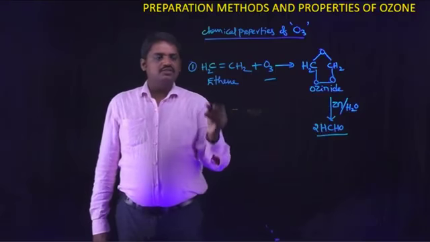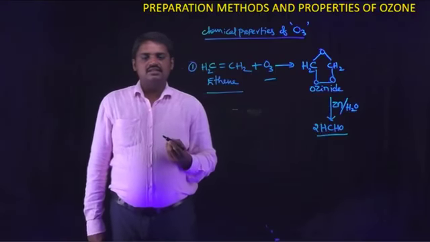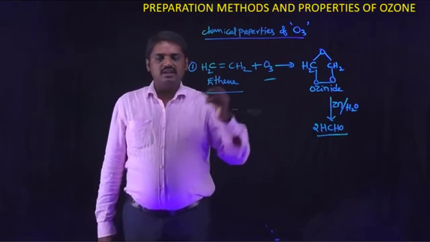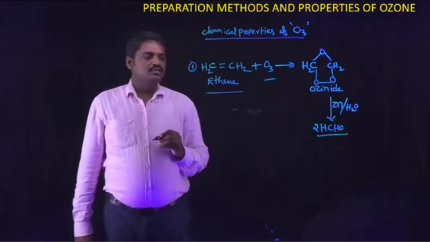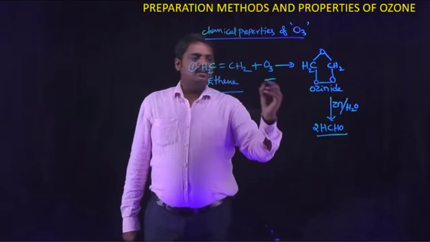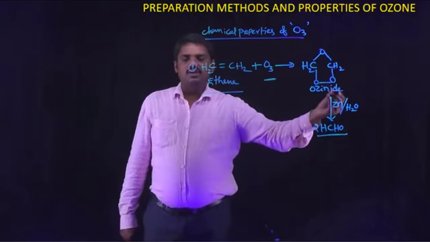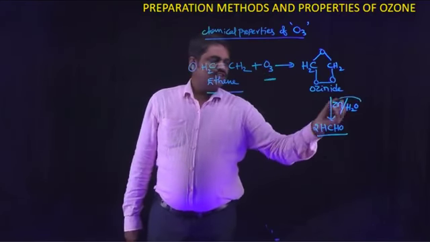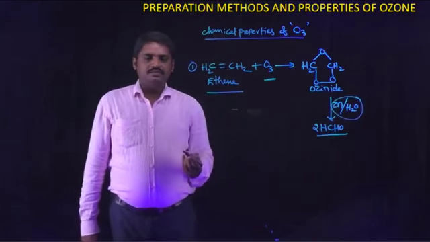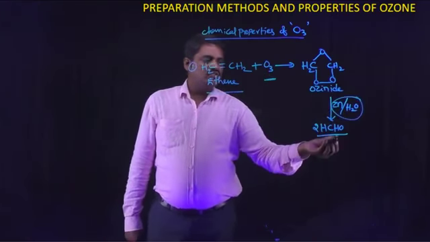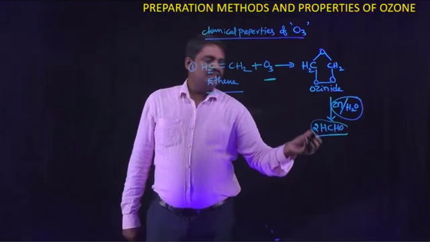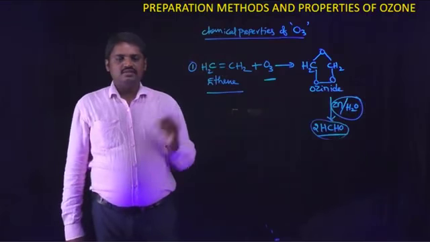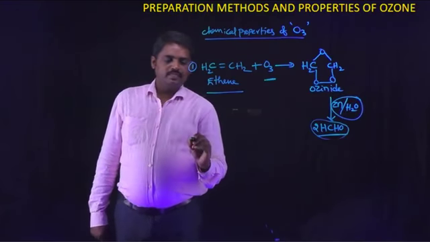When the starting molecule is an unsymmetrical alkene, it reacts with ozone to produce ozonides, and then reacts with reducing agent in the presence of water. The unsymmetrical ozonides are converted to aldehydes and ketones.